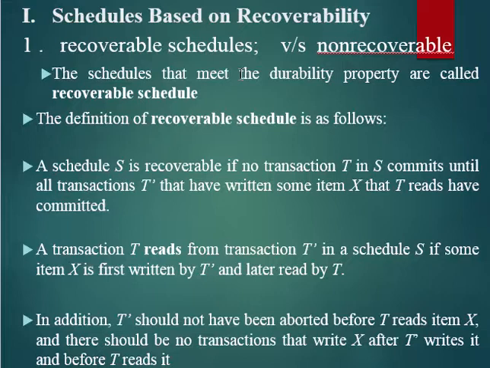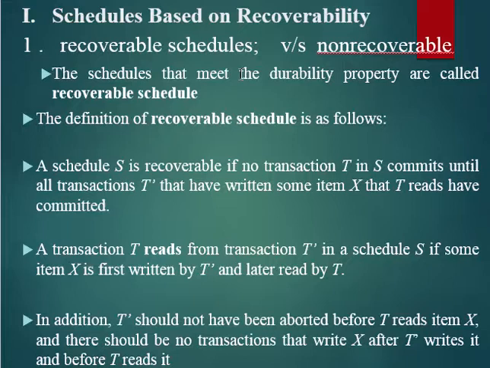The second principle: transaction T reads from transaction T dash in a schedule if some item X is first written by T dash and later read by T. A particular transaction needs to be checked against only one of the other transactions. Suppose transaction T reads a data item X, and before T reads it, TA, TB and TC already updated the value.